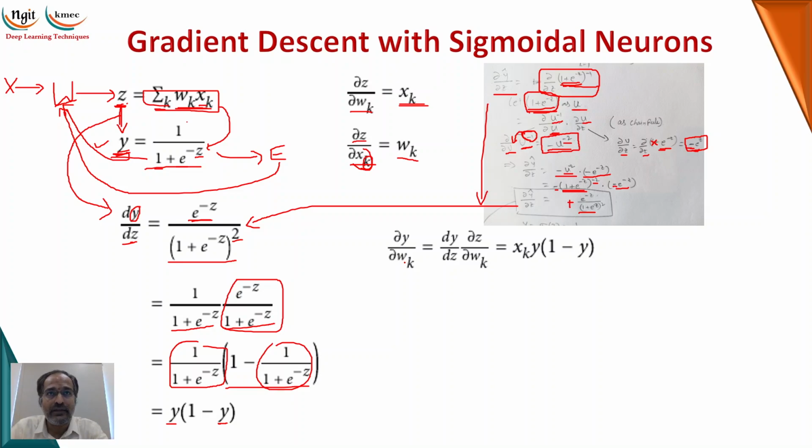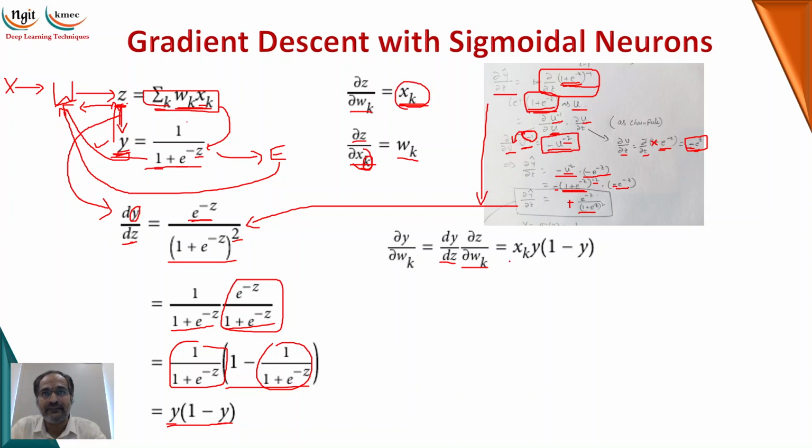∂y/∂wk equals, because of this sequence x, w, z, y and E, ∂y/∂z into ∂z/∂wk. Already we have calculated ∂y/∂z, that is y into (1 minus y). ∂z/∂wk is xk, which we already have.